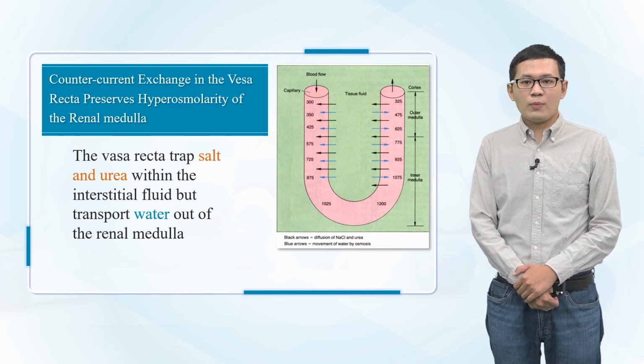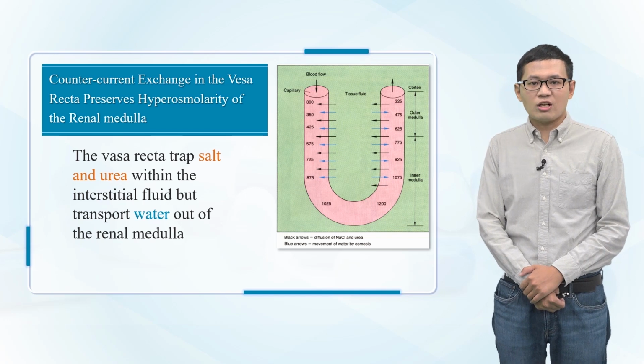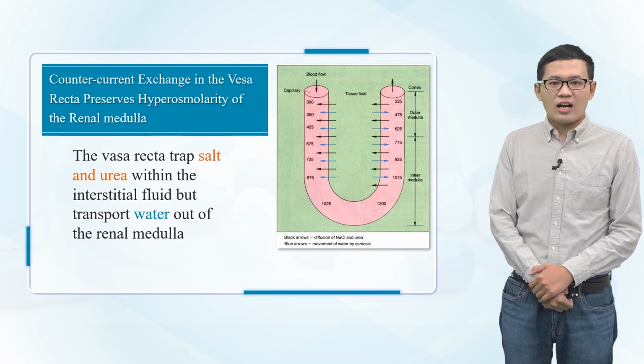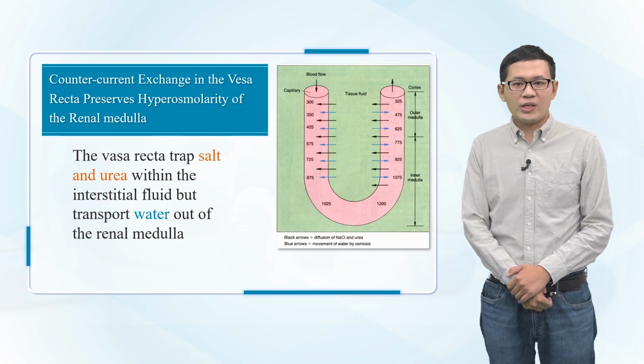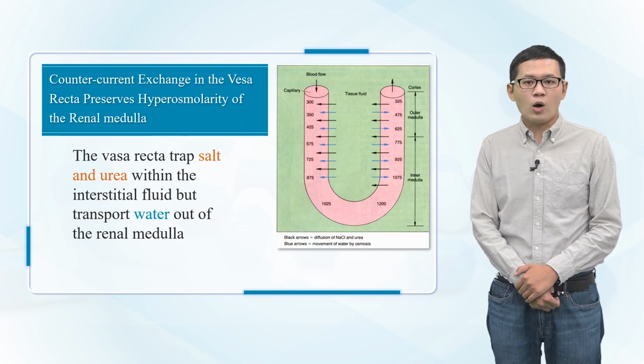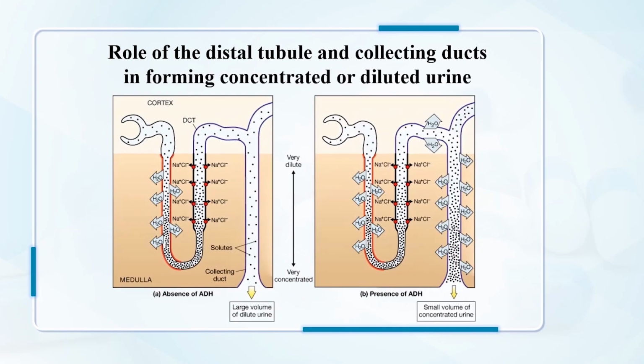In the ascending limb of the vasa recta, solutes diffuse back into the interstitial fluid and water diffuses back into the vasa recta. Large amounts of solutes could be lost from the renal medulla without the U-shape of the vasa recta capillaries.